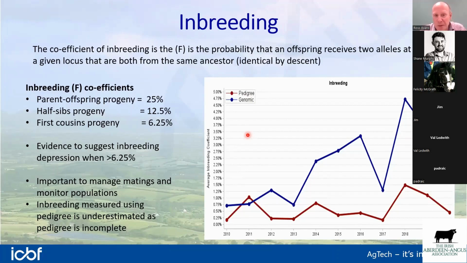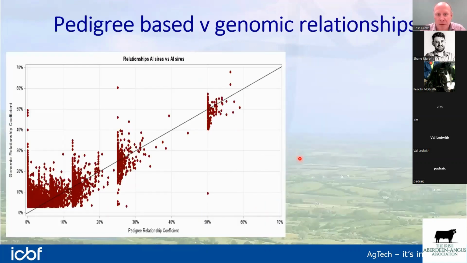We're building a new module where it also looks at the genomic relationship matrix to make sure that it's also below that 6.25%, because you will get some cases where a pedigree-based inbreeding coefficient is underestimated relative to a genomic-based inbreeding coefficient.